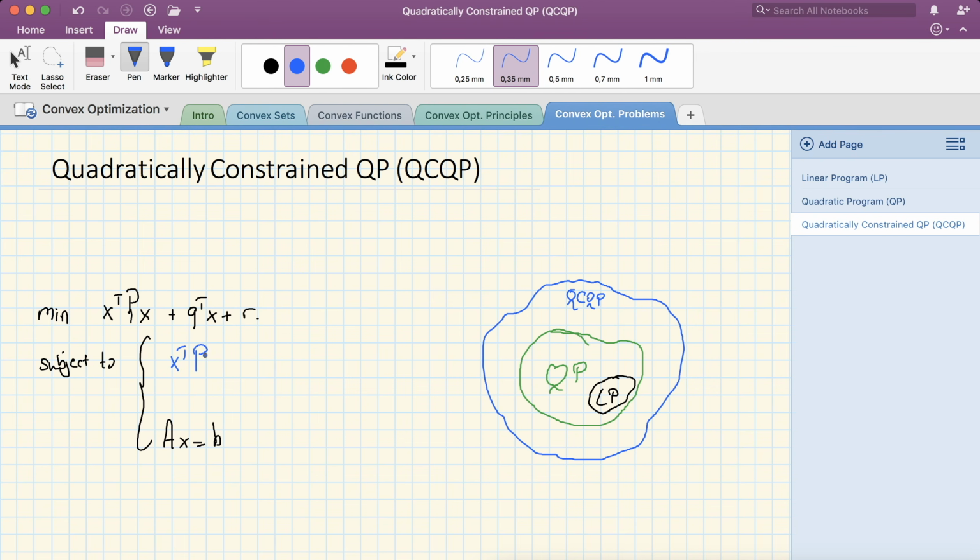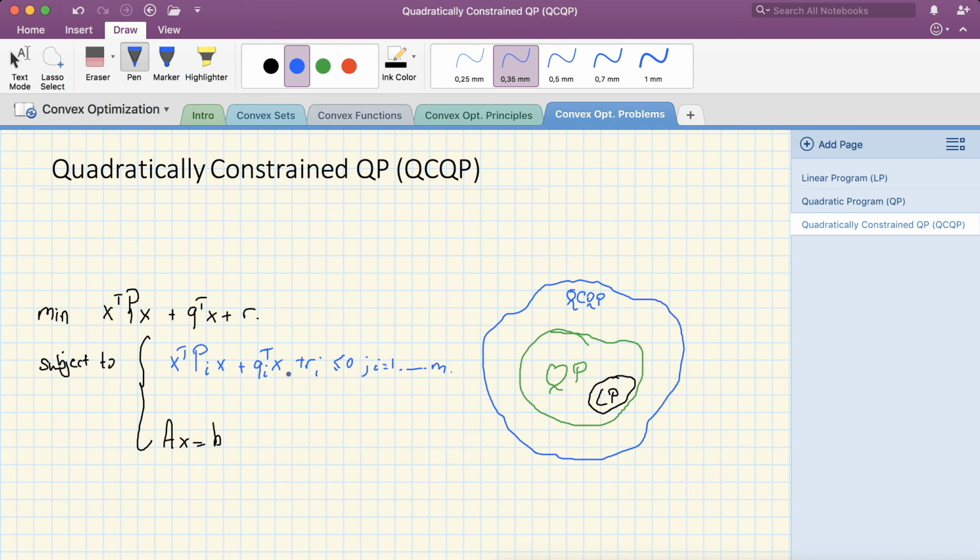x transpose Pi x. If you've got m inequalities, you've got m Pi matrices, P1 till Pm, plus qi transpose x plus ri, less than or equal to 0. And if we've got m constraints, then i should be spanning 1 till m. So now you've got m matrices, P1 down till Pm, vectors, q1 down till qm, and m constants, r1 down till rm.